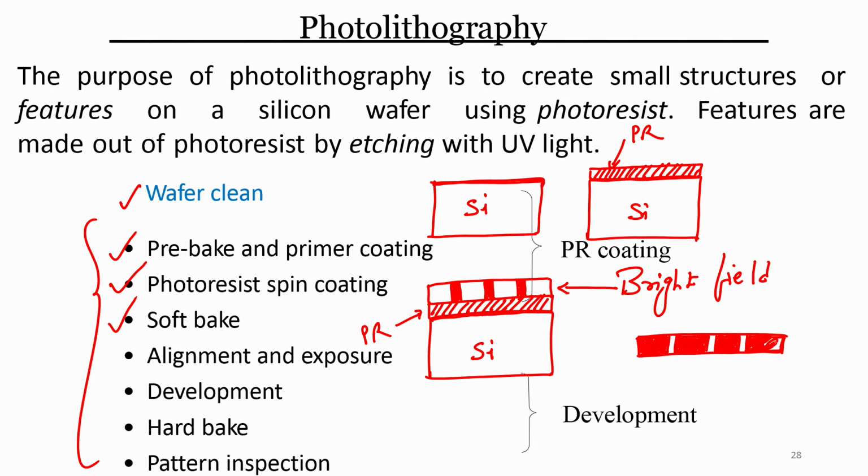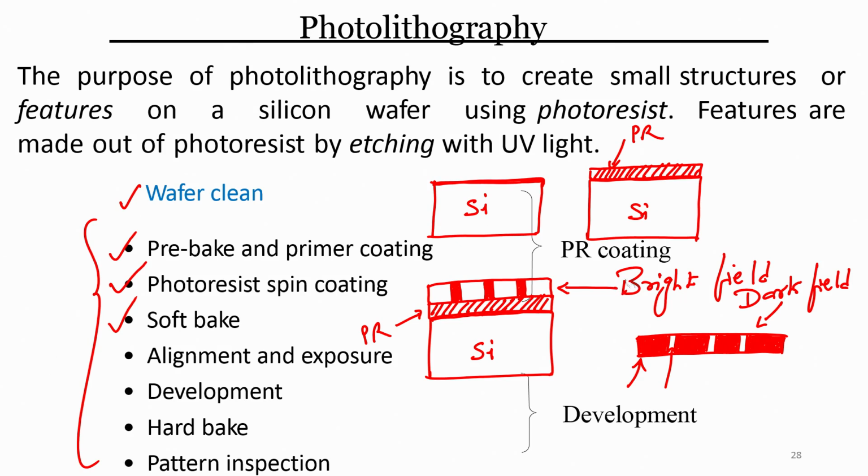So, in dark field mask, field is dark, pattern is bright. In bright field mask, field is bright, pattern is dark, easy, right.